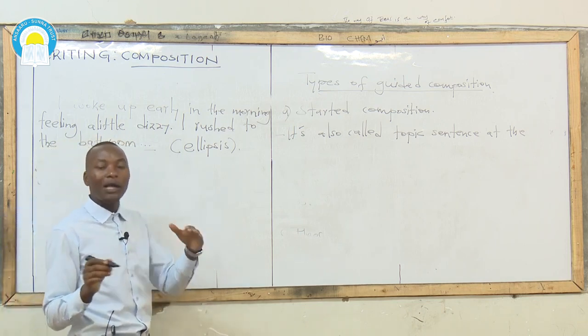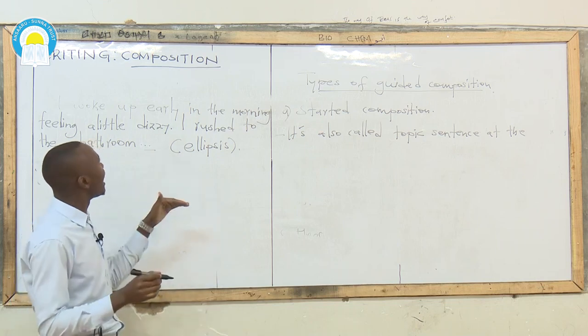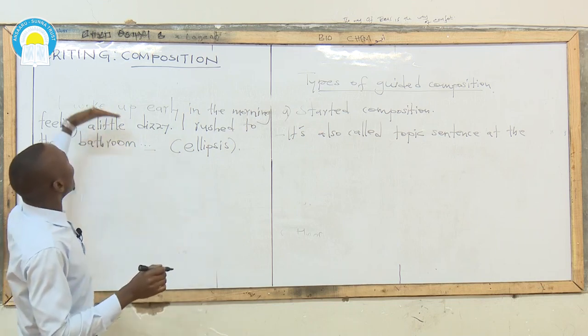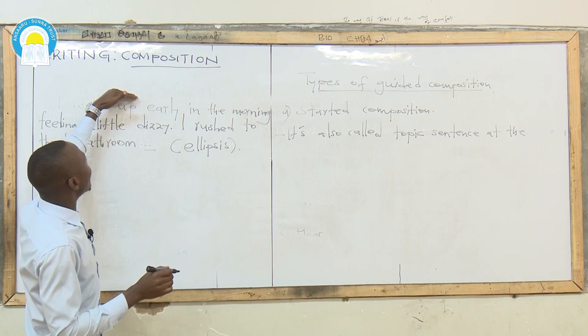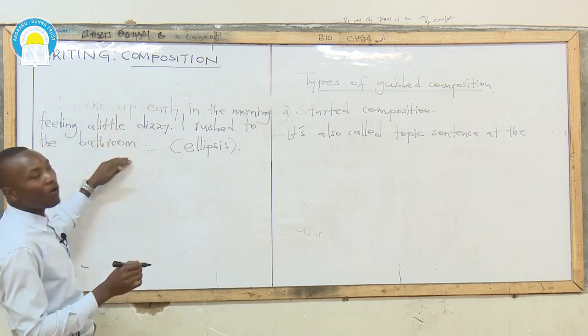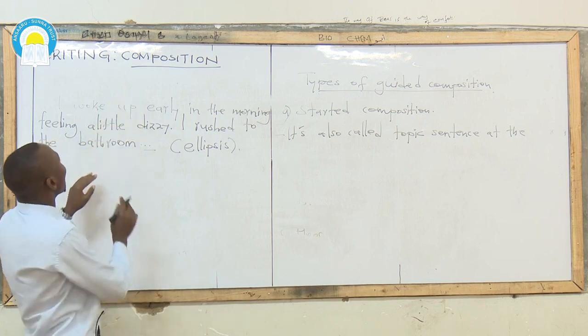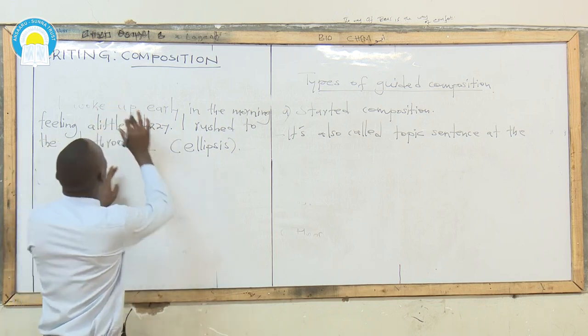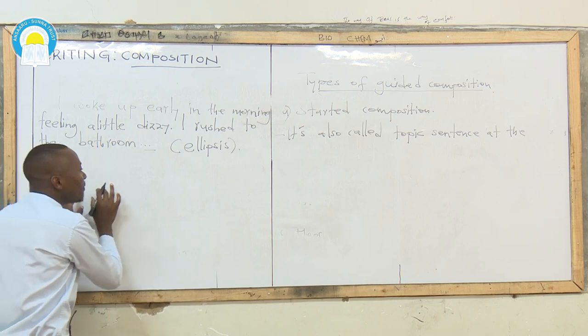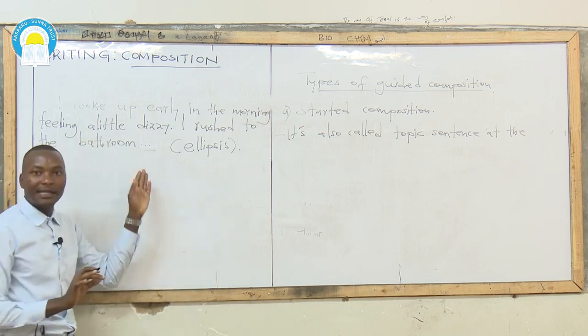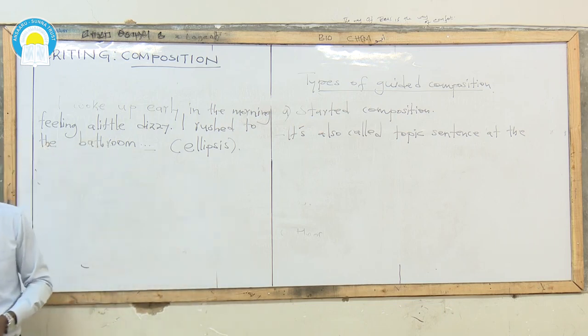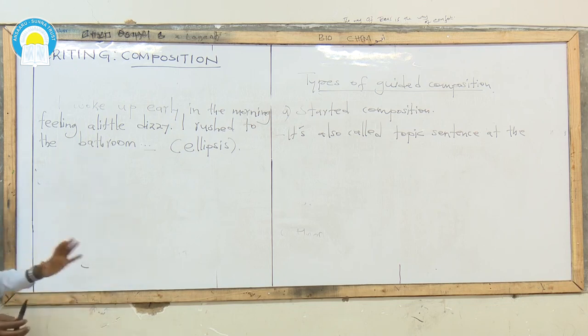If at all you want to write the heading for this composition, and then you find that the point where the instruction ended and the point where the composition has been started, there is no space for you to write the heading, then write the heading below it, then rewrite that beginning which has been given after writing the heading. Now, this one, I woke up early in the morning feeling a little bit dizzy.